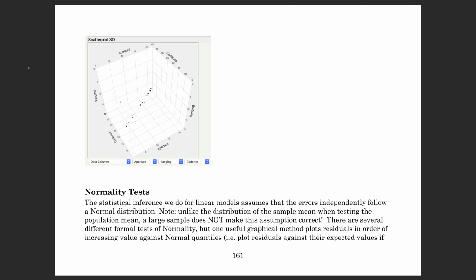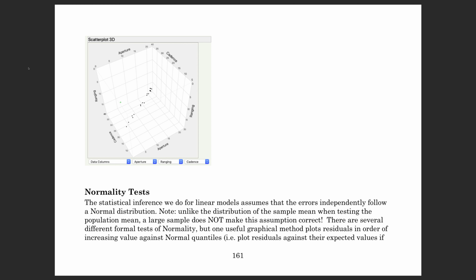Now, there are different ways of testing the normality, formal tests, but most of them I don't find particularly helpful because they don't really tell you in what way the data might not be normal. So what I'm going to illustrate is a graphical method.